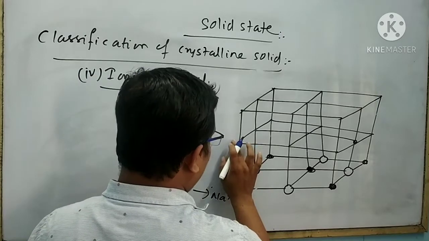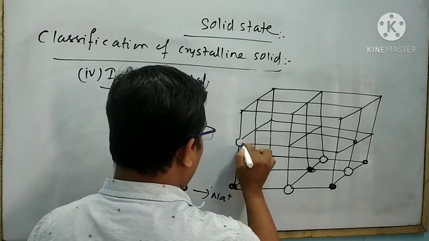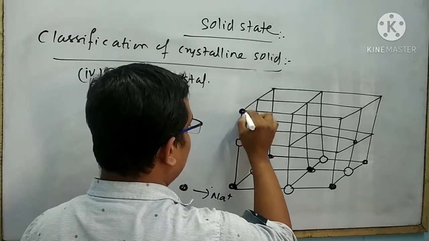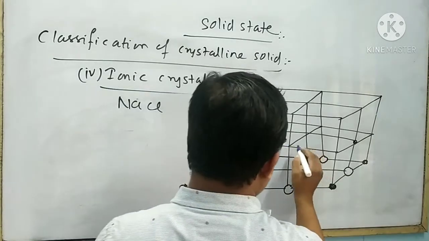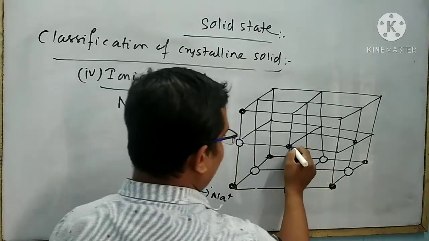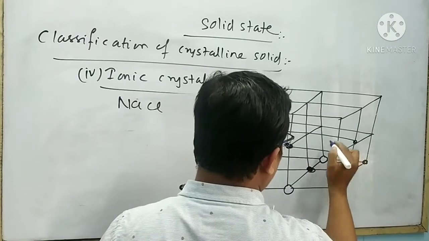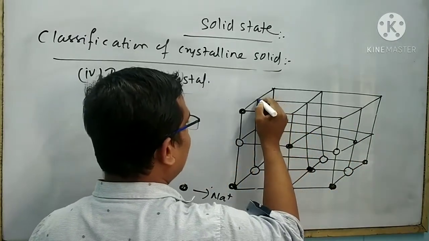The positive ions and negative ions are arranged in an alternating manner. This is your Na plus, this is your Cl minus. Look at that.